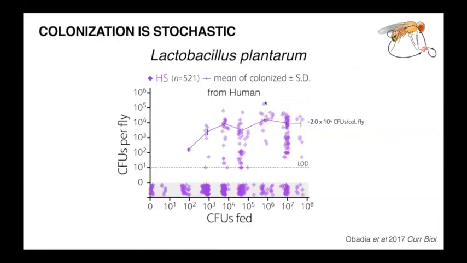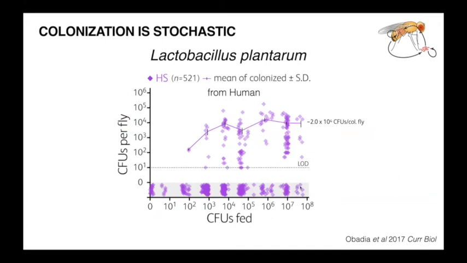So what we see from these studies is that there's actually stochastic colonization of the flies. Here each individual data point is an individual fly, and it shows the abundance of bacteria that it has in it 3 days after being fed the initial dose, and then on the x-axis is the dose that it actually ate.